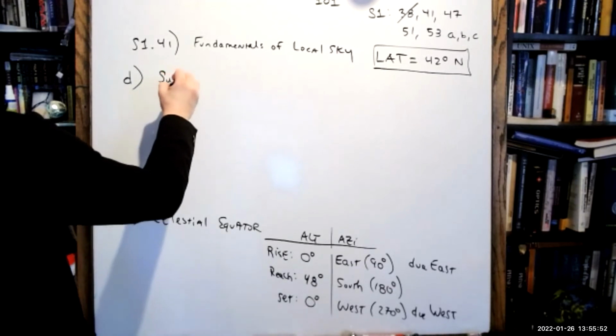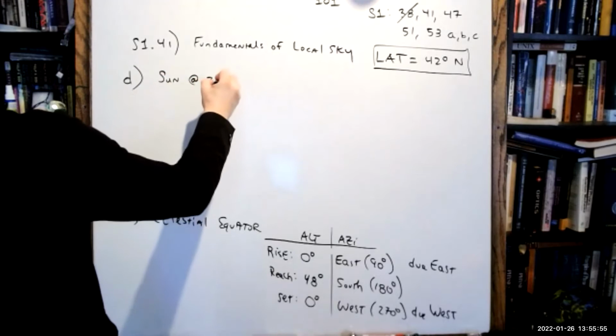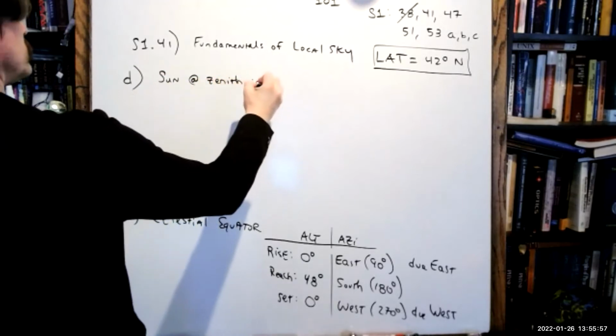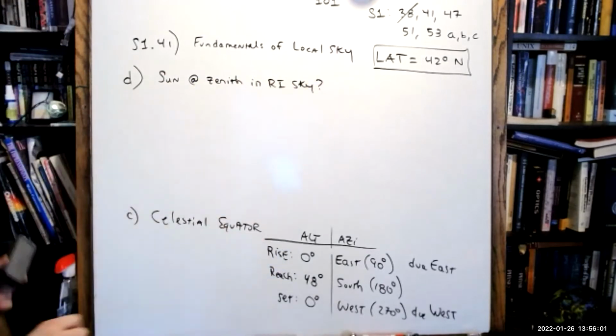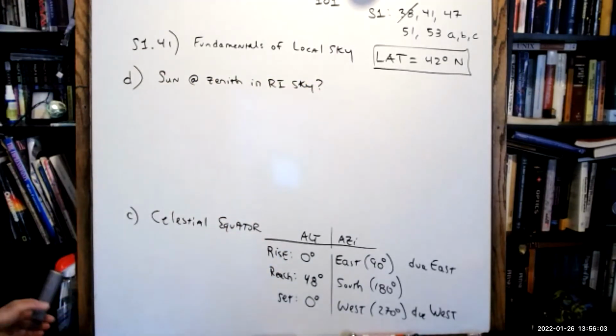Does the sun ever appear at your zenith? If so, when? If not, why not? What do you guys think? Yay or nay?